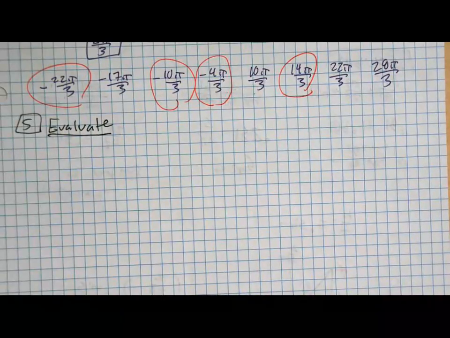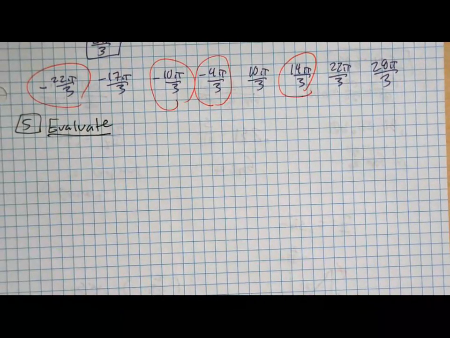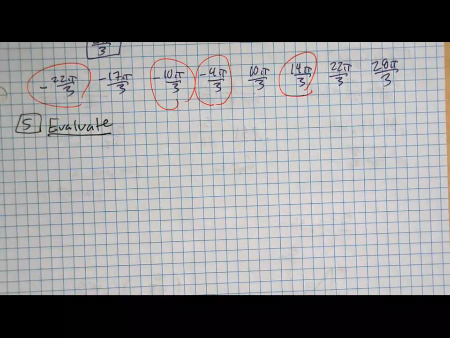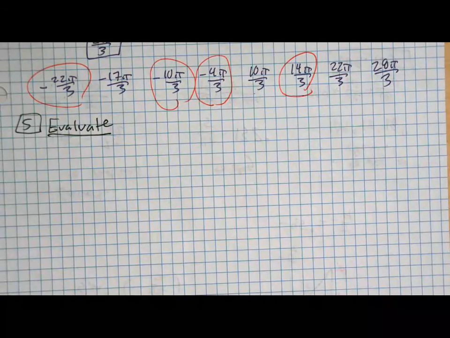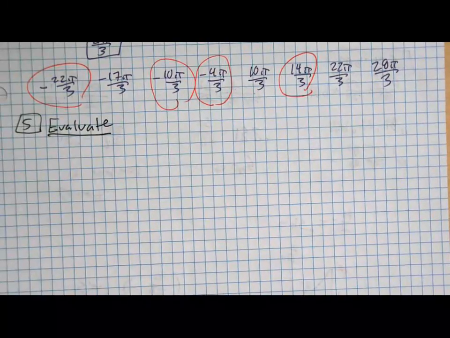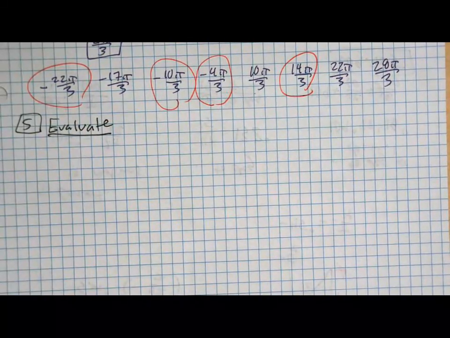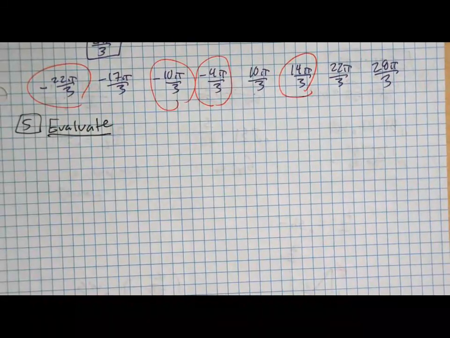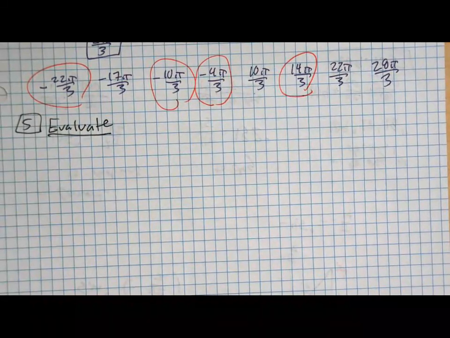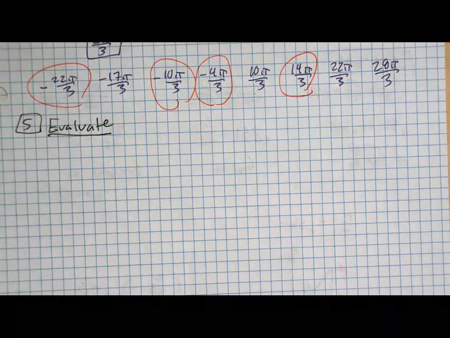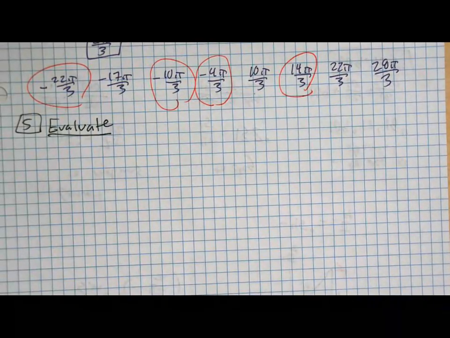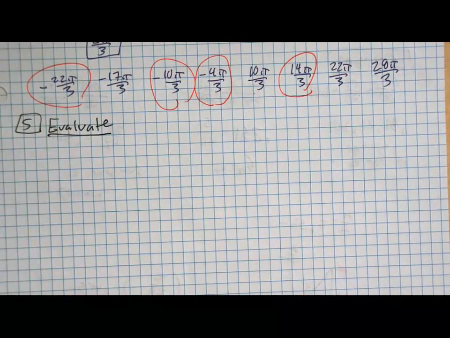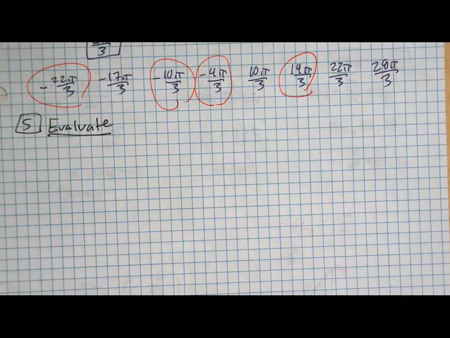You have to do your reference triangle to get credit for these. Some of you who are working ahead on your memorization might know some of these already. By the end of next chapter, you're going to be able to do these without doing a reference triangle. You'll just be able to look at it and spit out an answer. But for this one, you will need to show me a reference triangle.